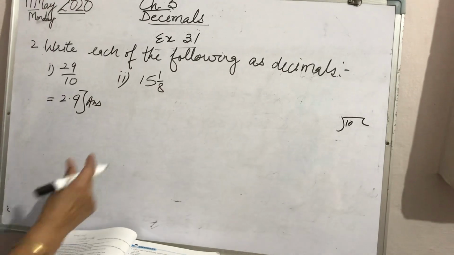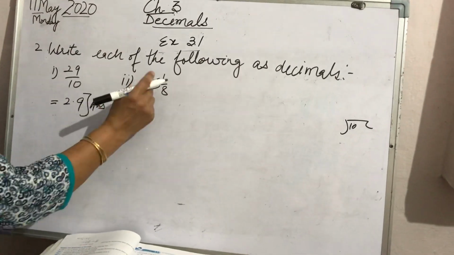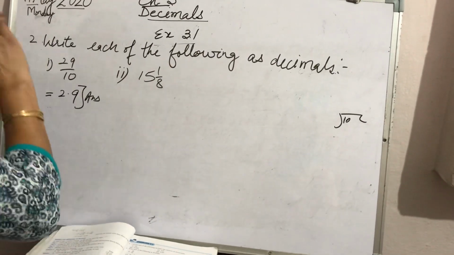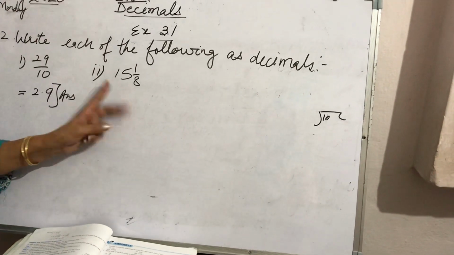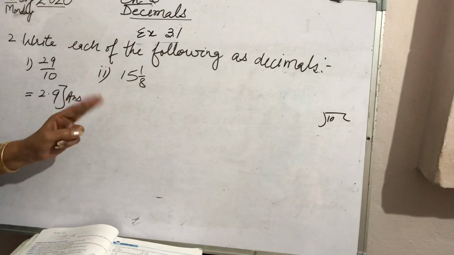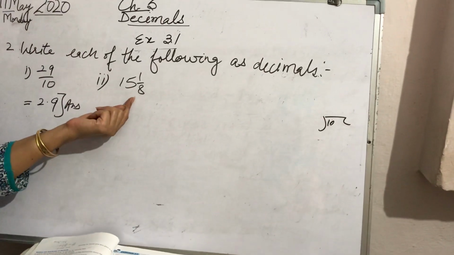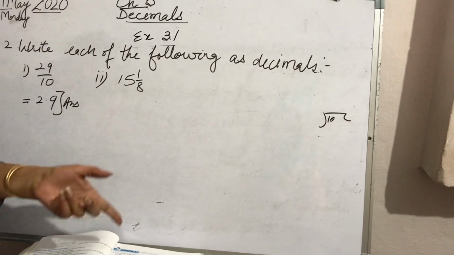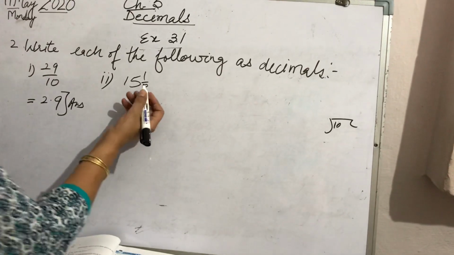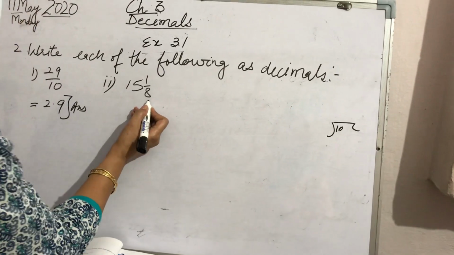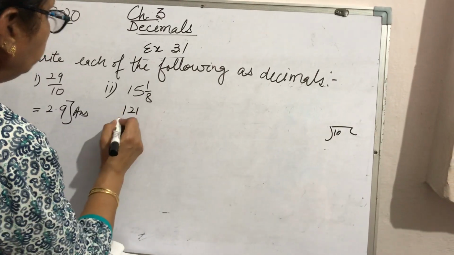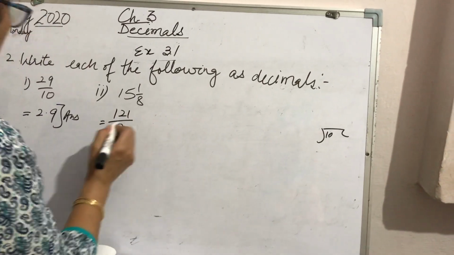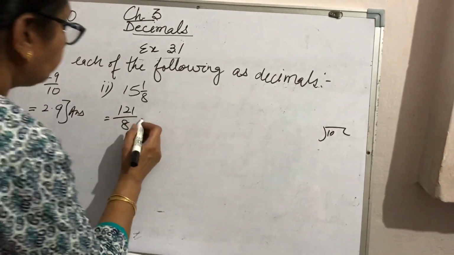Now the second question, 15 whole 1 by 8. This question can be done in two ways. Either, as you have done in junior classes, convert into an improper fraction and then divide. So 15 eights are 120, and 121 upon 8.